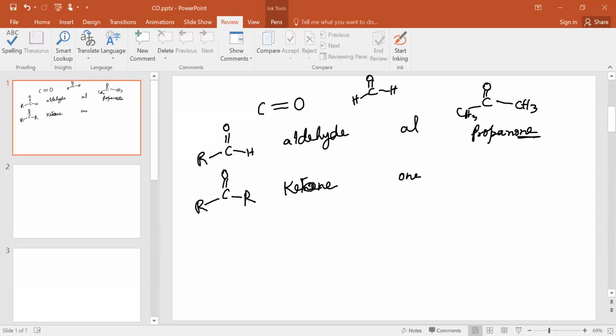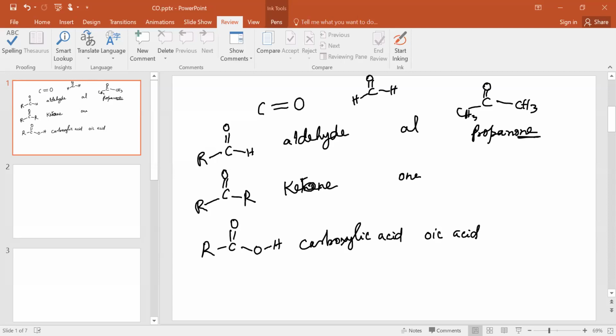The next functional group that contains carbonyl is carboxylic acid. In nomenclature it ends with "oic acid".